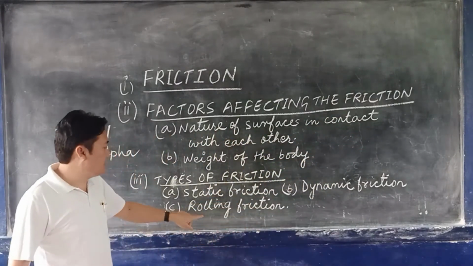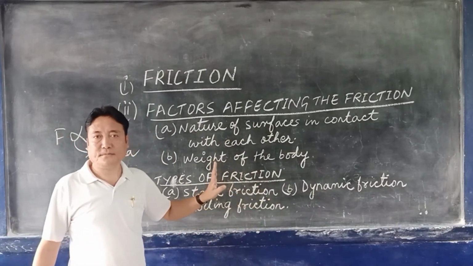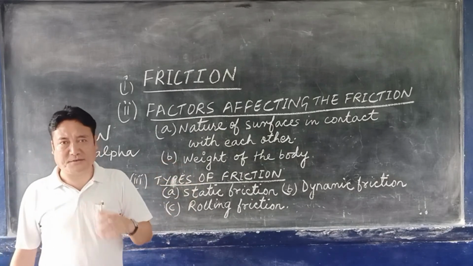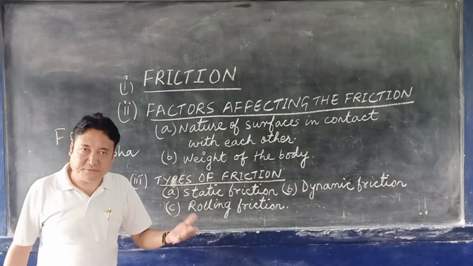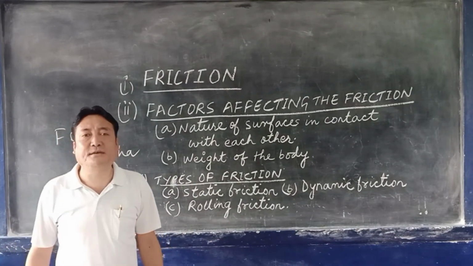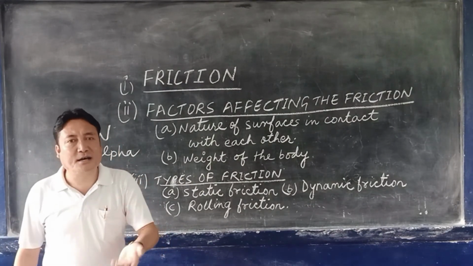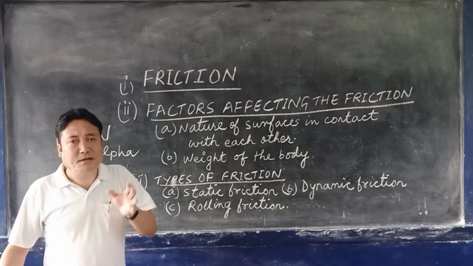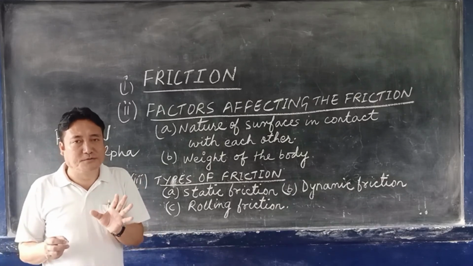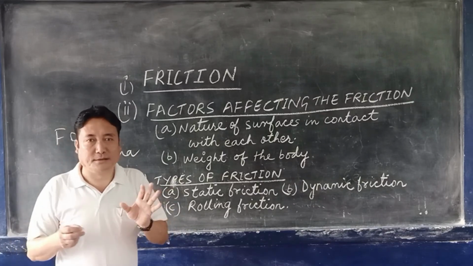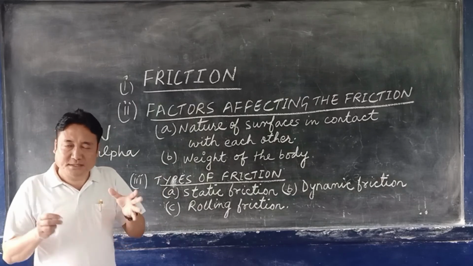The third one is the rolling friction. Rolling friction means when a body rolls on the surface, then that friction is called the rolling friction. Take all the vehicles, like a car, a bus, a scooter or a bike. It becomes very difficult to move them if they don't have wheels, because they are very rigid.